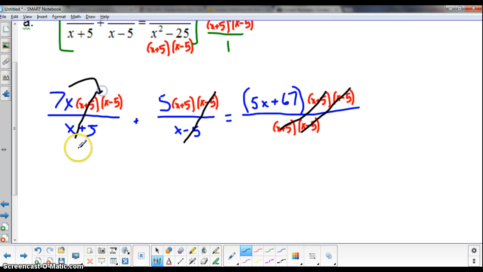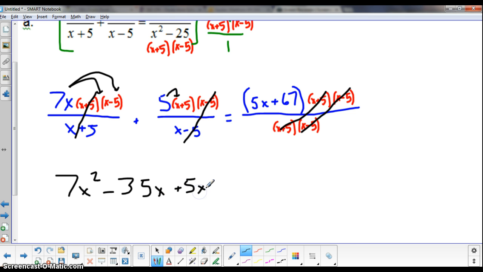Well, I have to distribute this, so we've got a 7x squared, and then 7 times negative 5 is negative 35x. Here I just distribute the 5, so it's plus 5x, and then plus 25 equals, over on this side it's just the 5x plus 67.